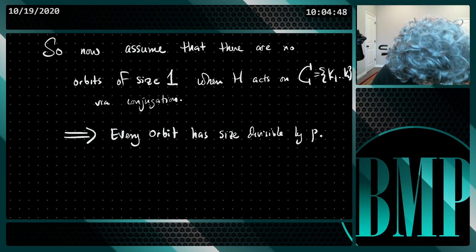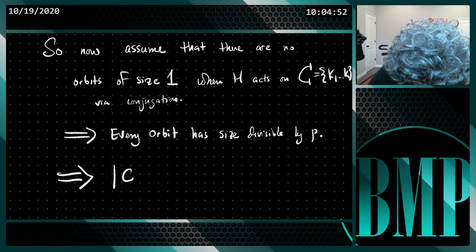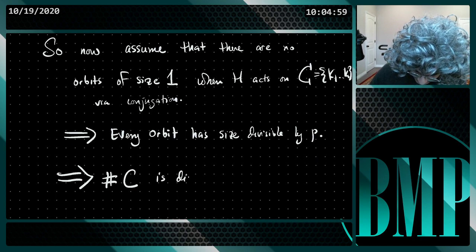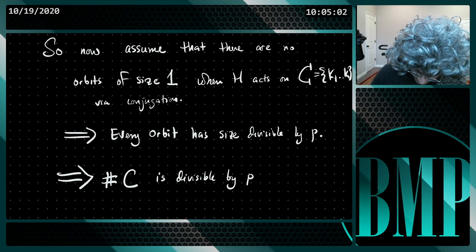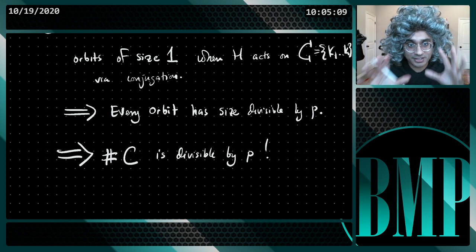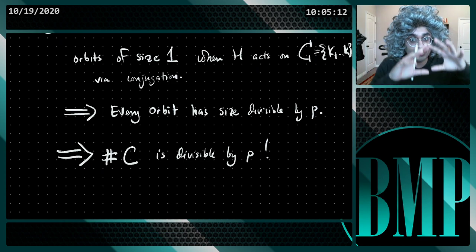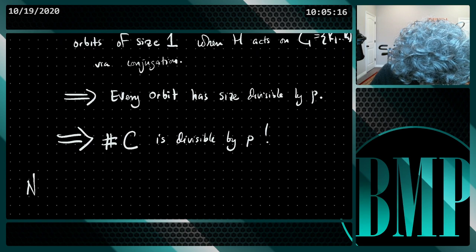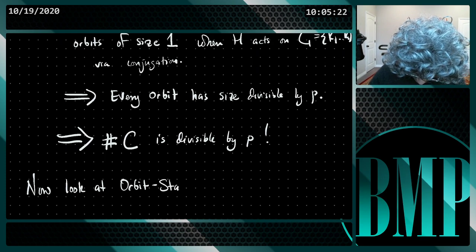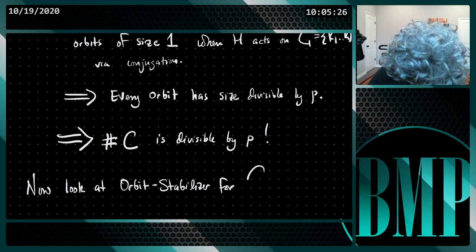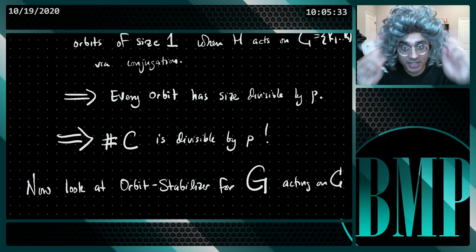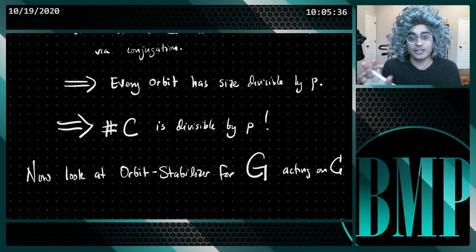Okay, but then the number of elements in this set is divisible by P. However, now let's look at orbit stabilizer for the group G acting on C, for the whole group G acting on C by conjugation. Of course, the only actions here in the Sylow theory will be conjugation.